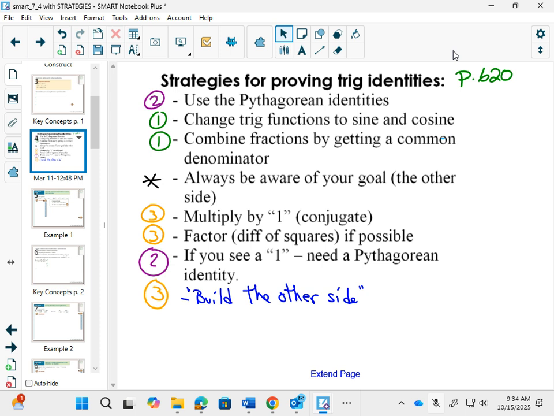Being really good at strategy one is almost like a guaranteed 80% in your proofs unit. Okay? If you want to get higher than that, or if you sometimes want to make it easier, then strategy two, making sure you know when to use the Pythagorean identities. And then we'll see what strategy three looks like tomorrow.